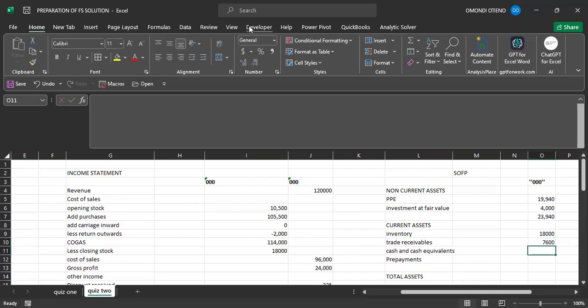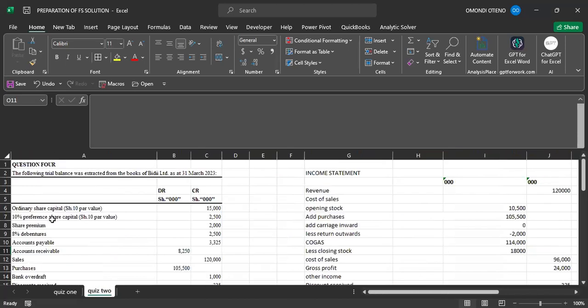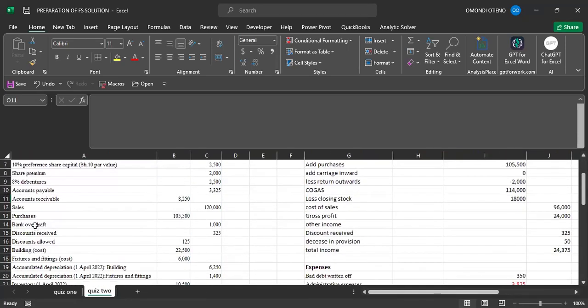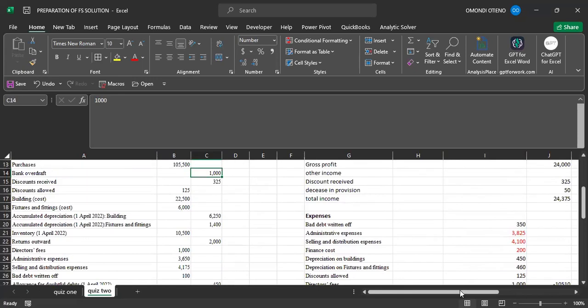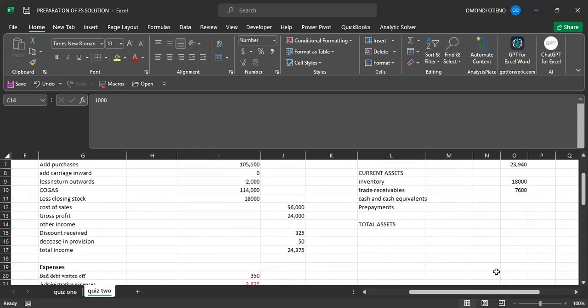I believe you're able to remember this. If you can refer to the T account, to what we did yesterday, you can see where we are getting 7,600. Then cash and cash equivalents. Are we having anything here? So we have a bank overdraft, that's a liability, and nothing was paid to reverse this bank overdraft. So that remains a liability. Then something here is remaining. What do we have here?